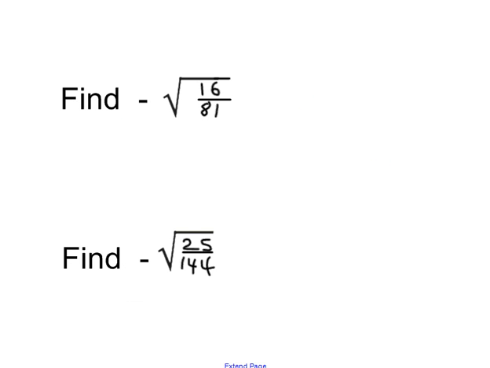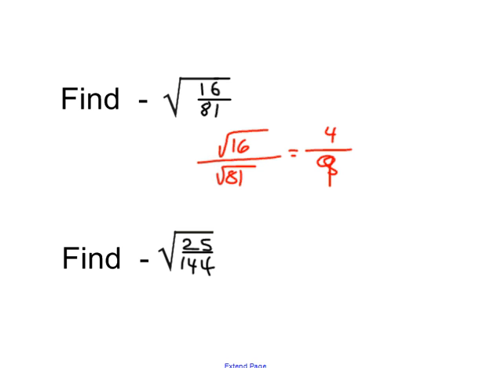Now we're asked to find the negative square root of 16 over 81. I think the perfect square root of 16 over the perfect square root of 81. The perfect square root of 16 is 4. The perfect square root of 81 is 9.